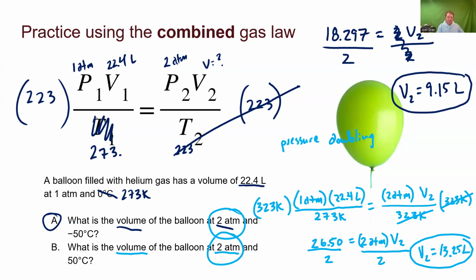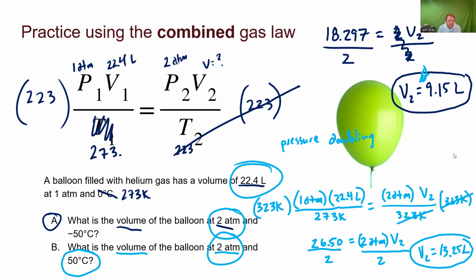But I do want you to see that the temperature and pressure are additive. The temperature increasing right here caused the volume to go up, but not up from this 22.4, instead up from 9.15. Now, could you guys give me a B in the chat if you follow these two different scenarios? Excellent. Okay.